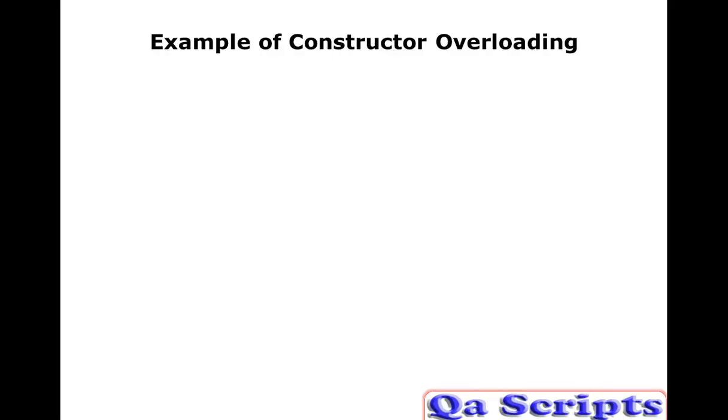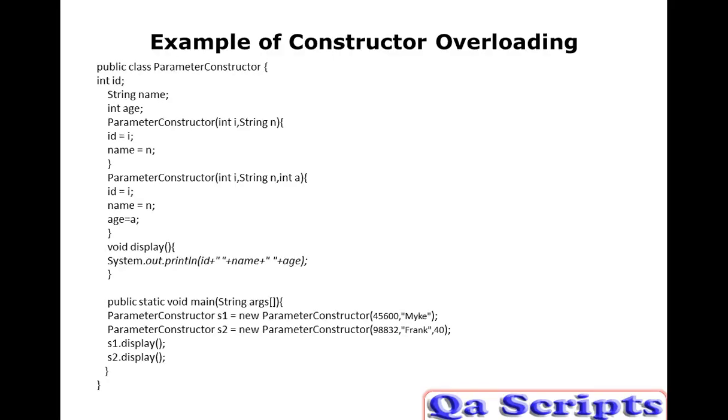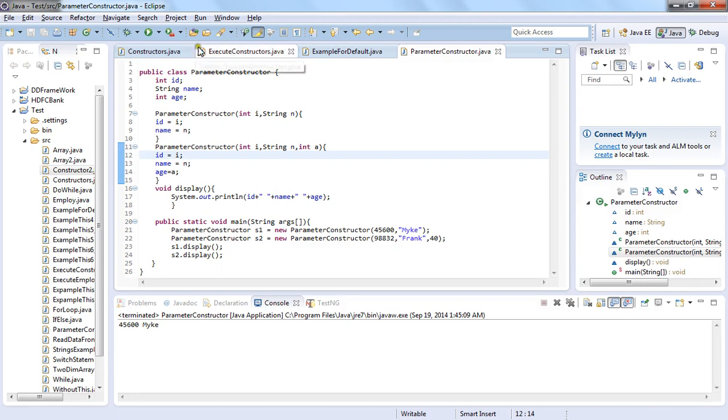Example of constructor overloading. What is overloading? Overloading is nothing but methods having the same name but different actions based upon the parameters. If you look at this piece of code in our Eclipse, here I have one parameter constructor with two parameters, one is int i, another one is String n.